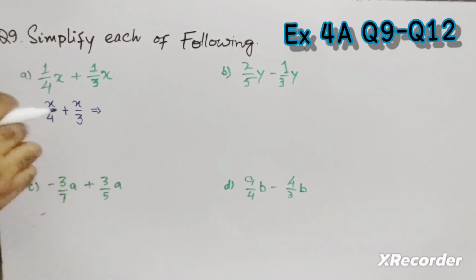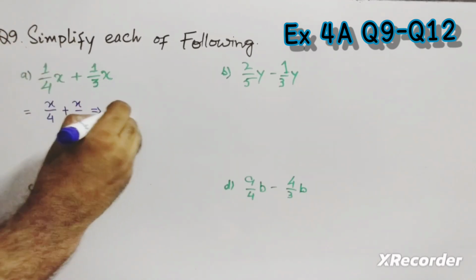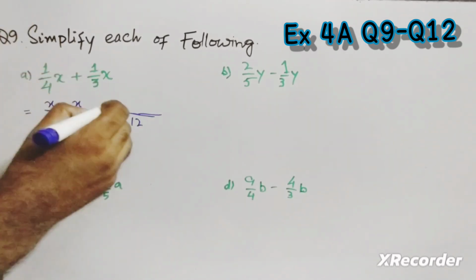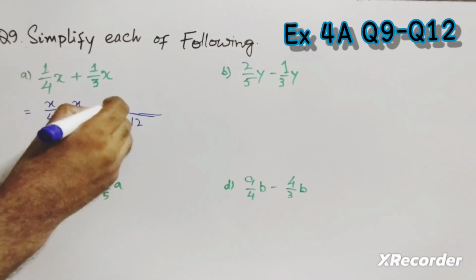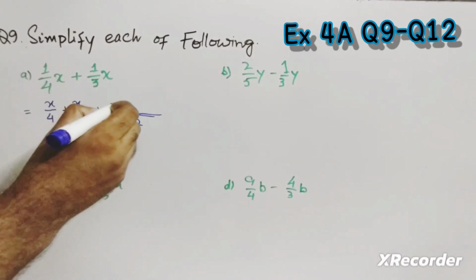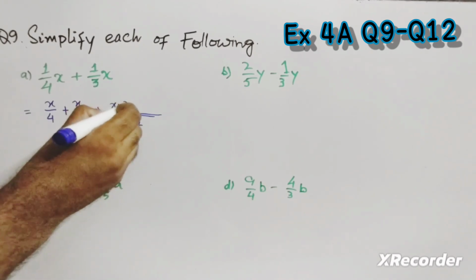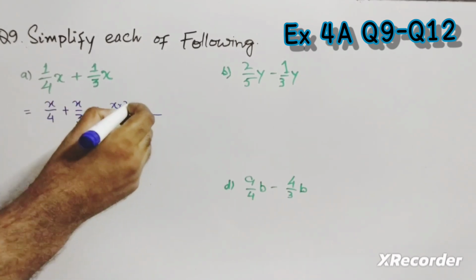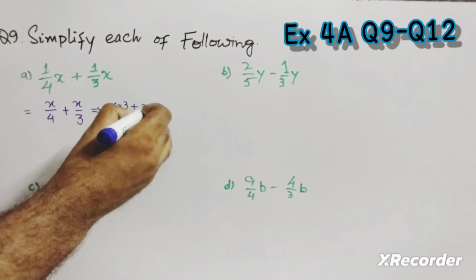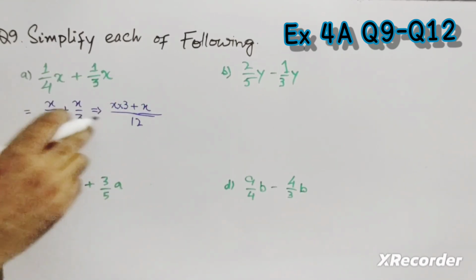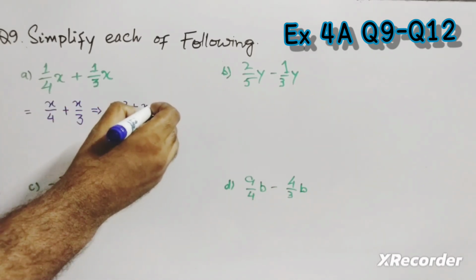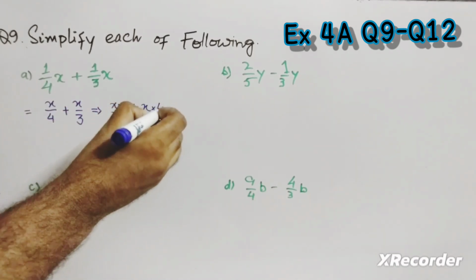By taking the LCM of 4 and 3, what we get is 12. Now multiply the numerator: 4 times 3 is 12, so we multiply x with 3. Then we put the sign of addition, putting the next numerator, and 3 times 4 is 12, so we multiply this x with 4.